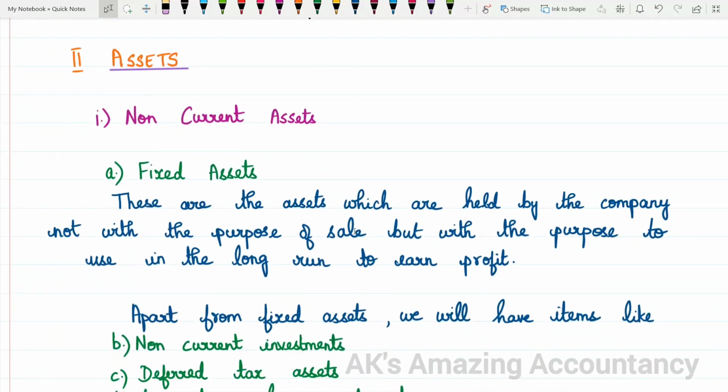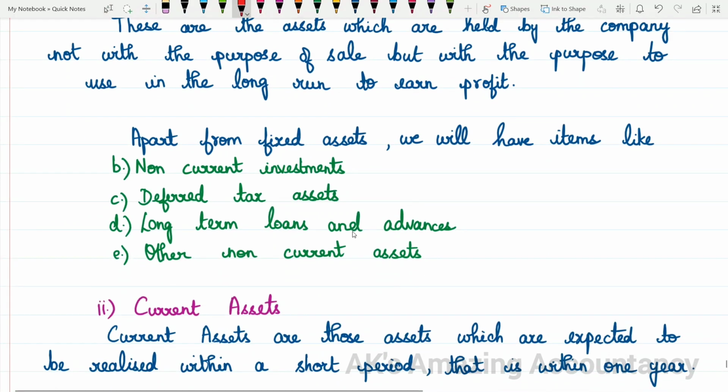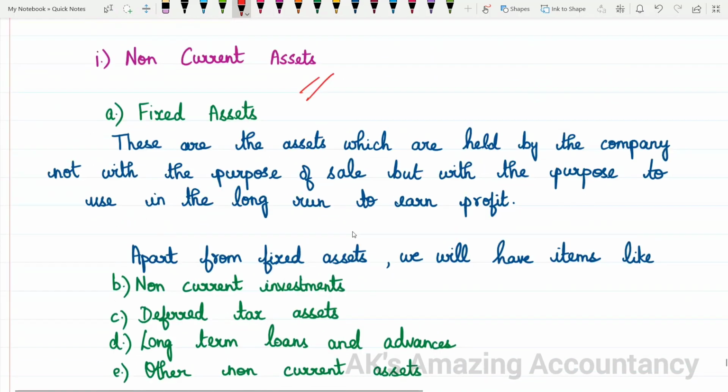Now, coming to the assets, we have two main headings. One is non-current asset, and the other one is current asset. Under non-current assets, the first one we have is fixed asset. What all fixed assets you have will have to be recorded here. First of all, you have to know what is meant by fixed asset.